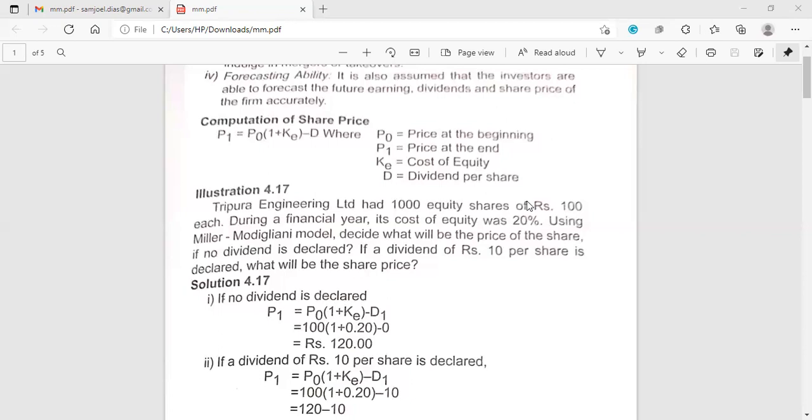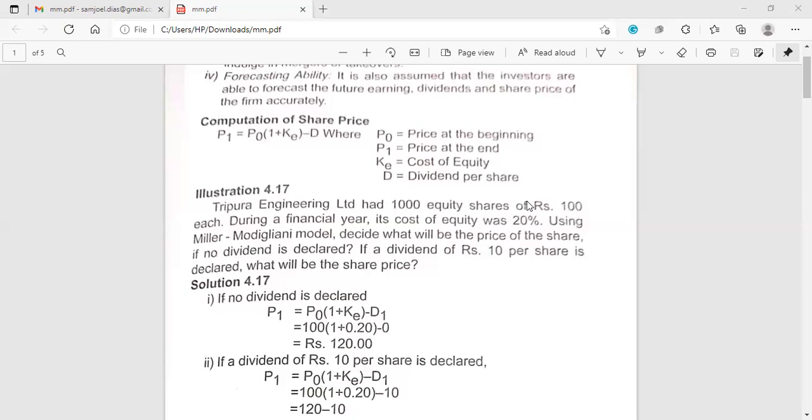Then the third assumption is the constant investment policy. This assumption is made specifically to maintain discrete risk. That means because of the constant investment policy, the risk profile will remain the same, so it is fixed. Risk will be fixed over the years.